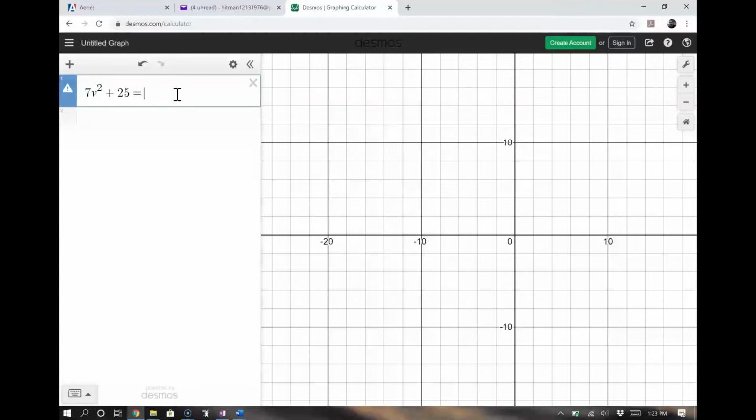It's plus 25 equals 40V. So notice, it doesn't work, right? It's like, I have no idea what you want me to do with this, all right? So what you have to do is you're going to have to move that 40V over. Set everything to one side. So try setting everything to one side.